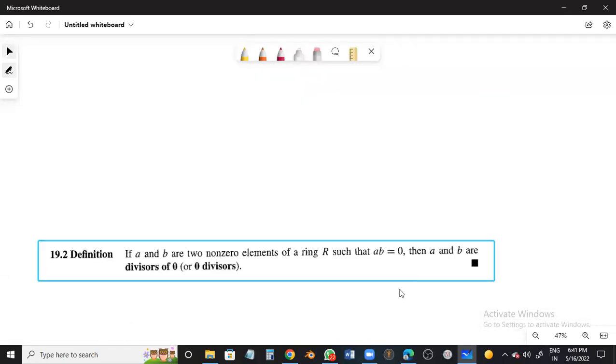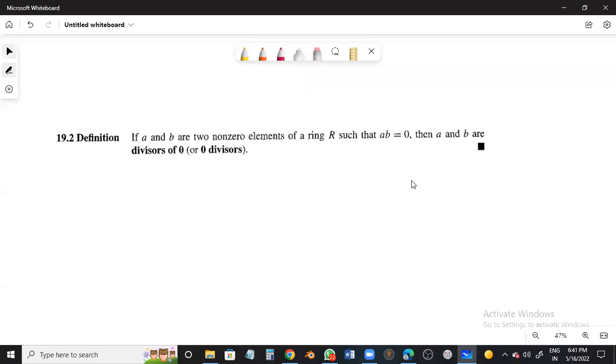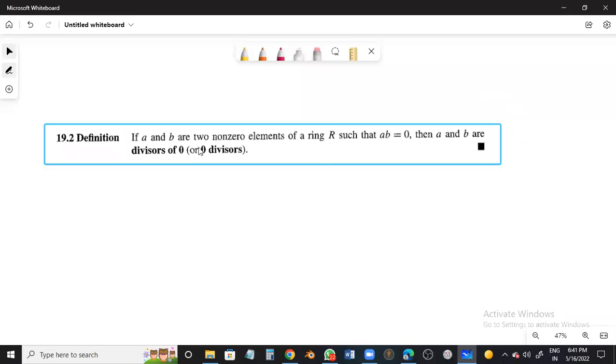Now I would like to go to this definition for the same. That was my purpose of giving that example. A and B are two non-zero elements of ring R, and still we observe that the product AB is zero. Up till now, before learning rings, we had an impression that only when I multiply by zero will I get the answer zero. But in rings, there are two non-zero elements and their product becomes zero.